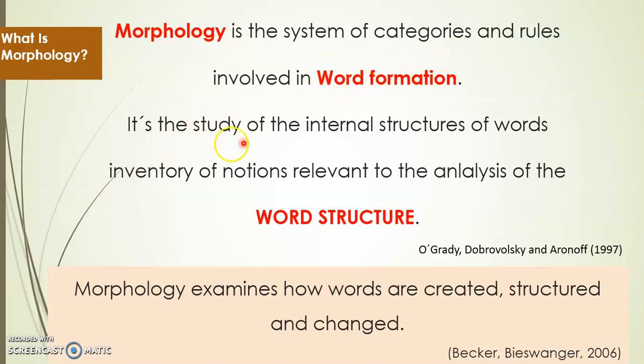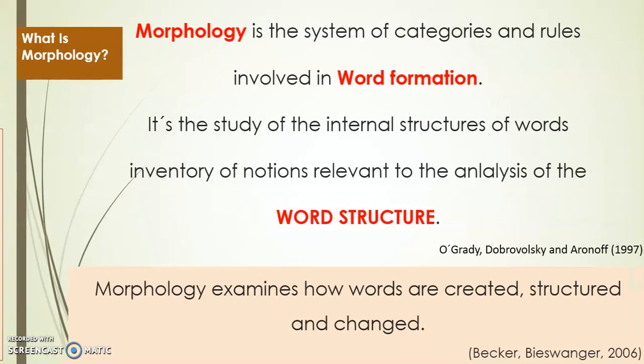And it's the study of the internal structure of words, an inventory of notions relevant to the analysis of word structure. So here we have some keywords like internal structure of words, word formation, word structure. And morphology examines how words are created, structured, and changed. Very good.